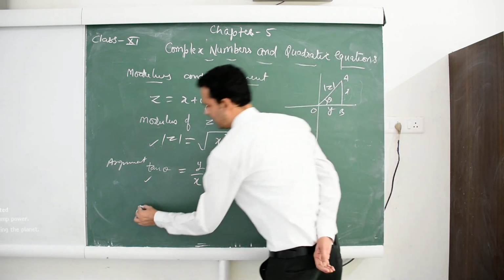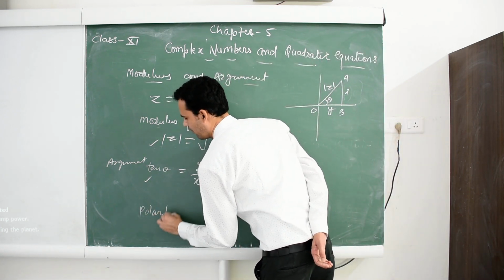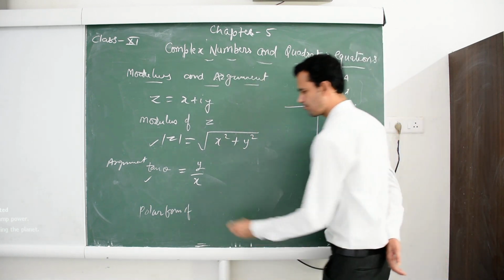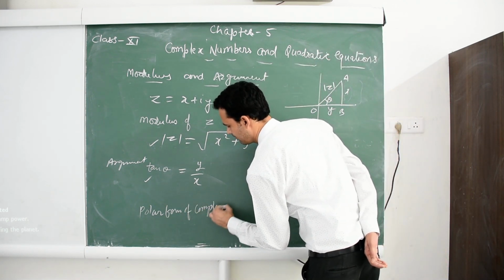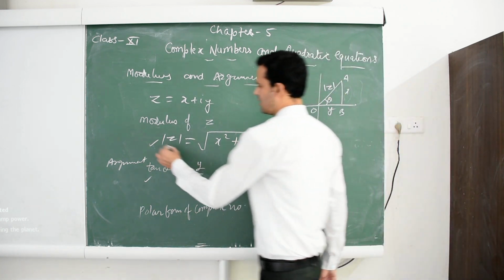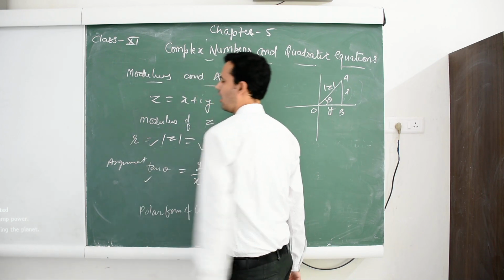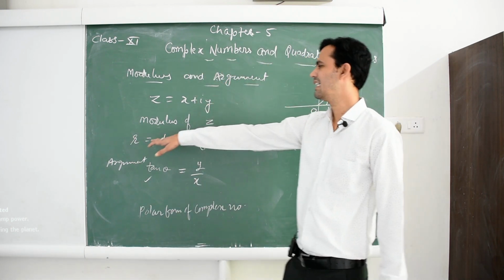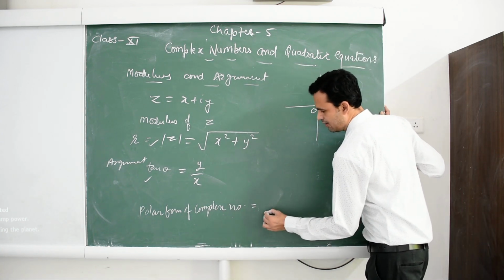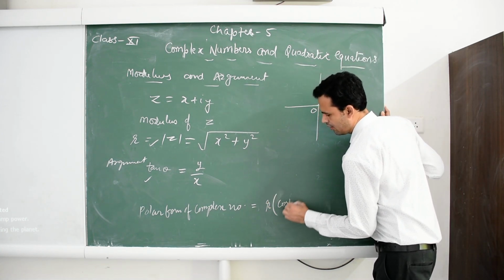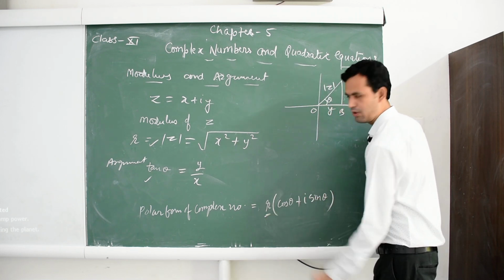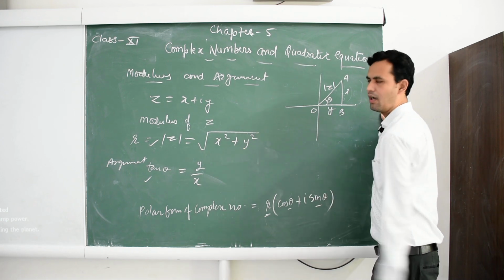Also there is one more thing, the polar form of a complex number. So in polar form, this is |z|, z mod, or r. This is also denoted as r. So the polar form of a complex number is r (cos theta plus i sin theta). r is the modulus and theta is the argument.